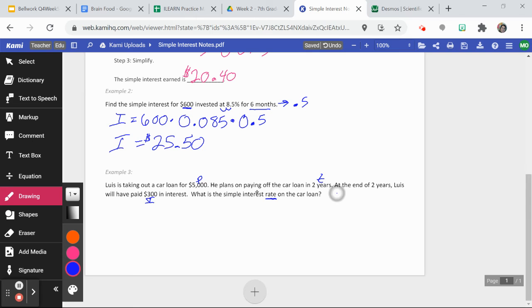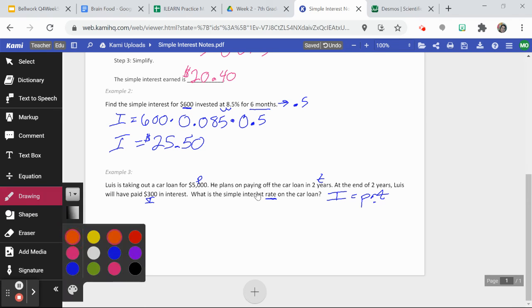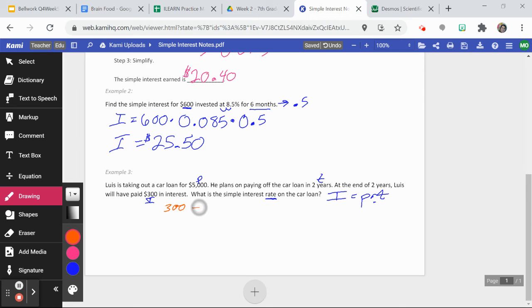So we're still using the same formula, except we will leave R as R, and then we're going to have to use our algebraic skills to set it up. So we have $300 equals our principal of 5,000 times our time of 2 times our rate.